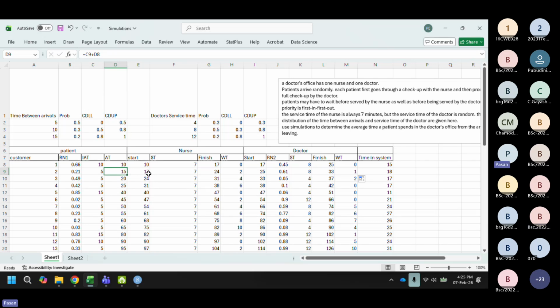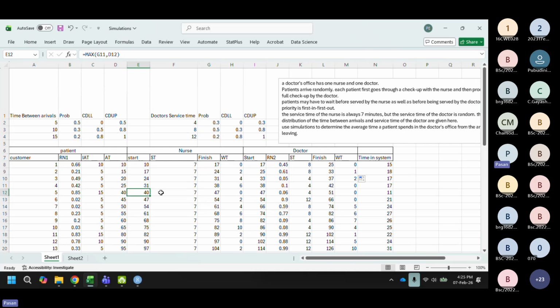So to start the work for the second one, he has to wait until the first one finishes. Therefore, the start time has to be the maximum of these two. That's why I have this formula here: the maximum of the finish time of the nurse and the arrival time of the patient. The maximum of those two is put as the start time.